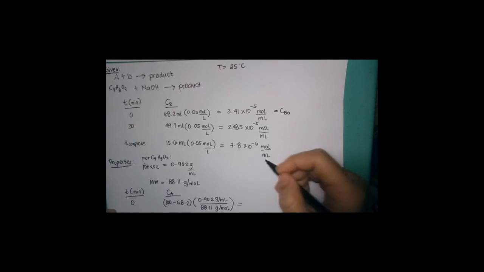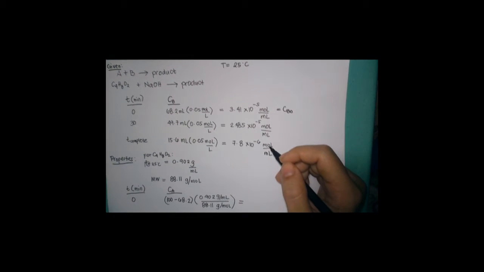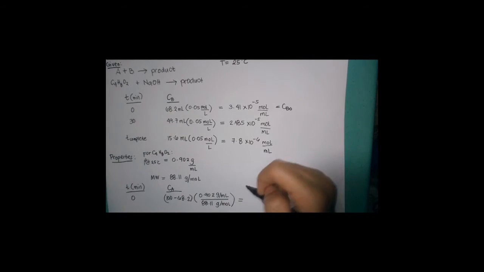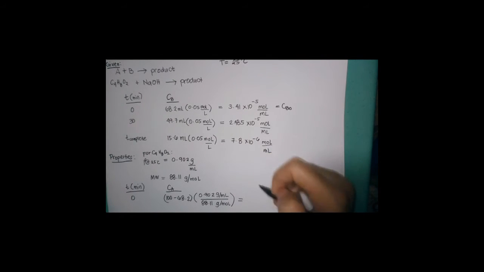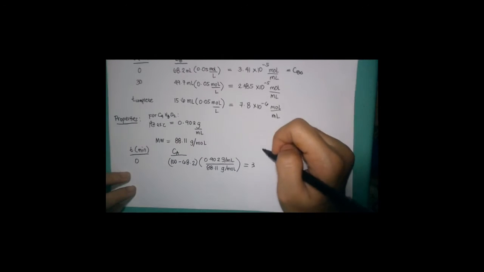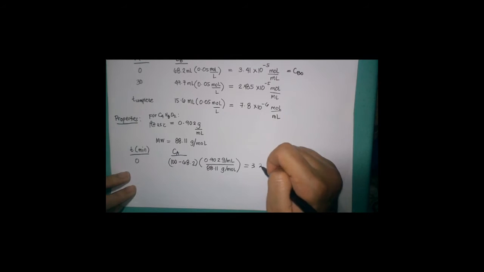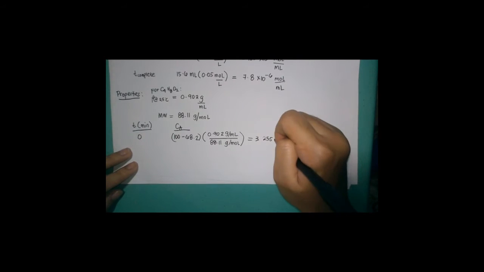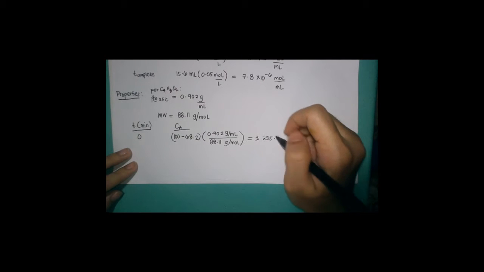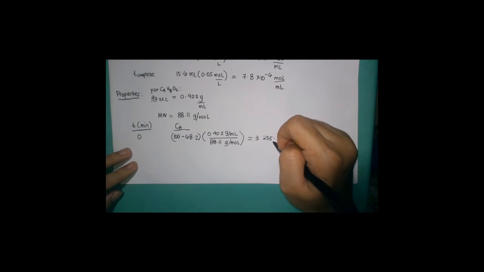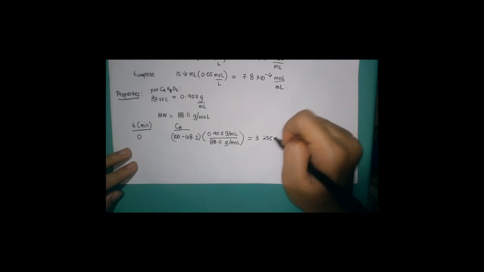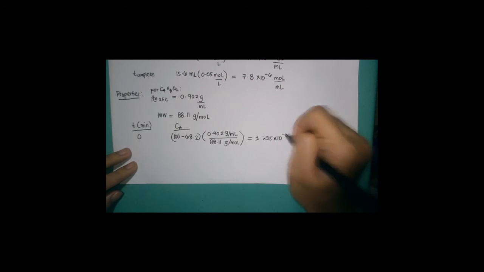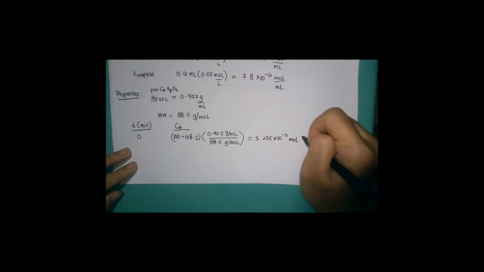We will have an answer of 3.255 times 10 to the negative 3 mole per ml.